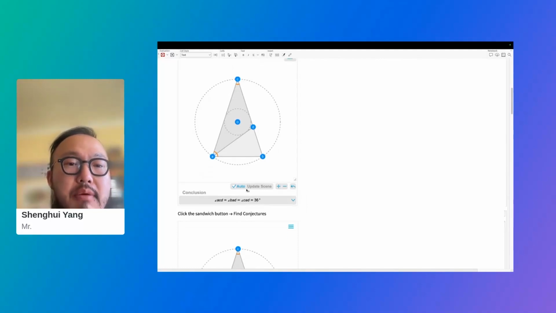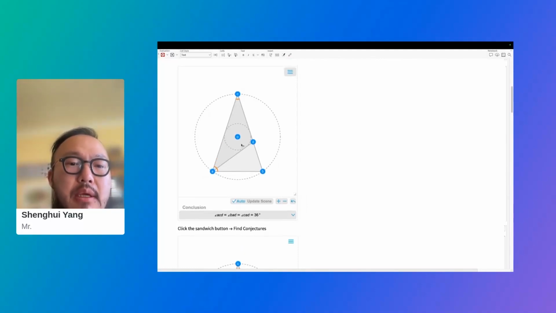So this is very interesting because if you think about it, O is the circumcenter, so it must be on the perpendicular bisector of segment AB. And also O is the incenter for ADC, so OC must be the angular bisector for ACB.